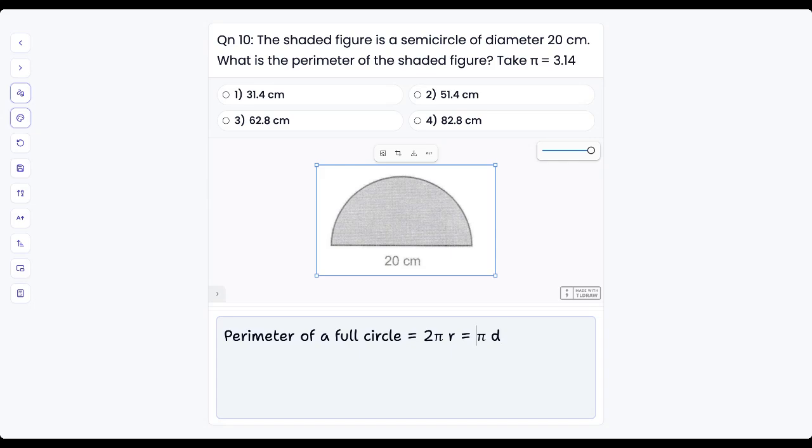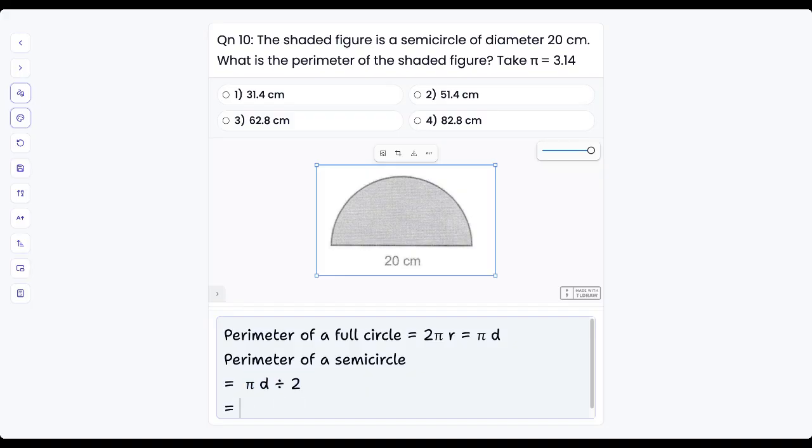Pi times diameter. Okay, so in this case, we have the diameter of 20 centimeters. So what about the perimeter of a semicircle? So it's half, right? A semicircle is basically pi d divided by 2. Okay, so now we know the pi, which in this case is 3.14.